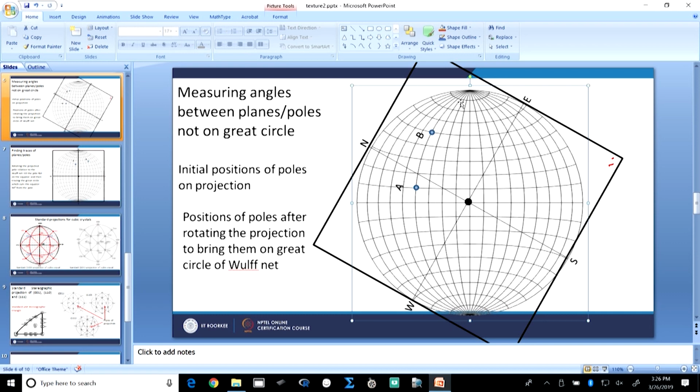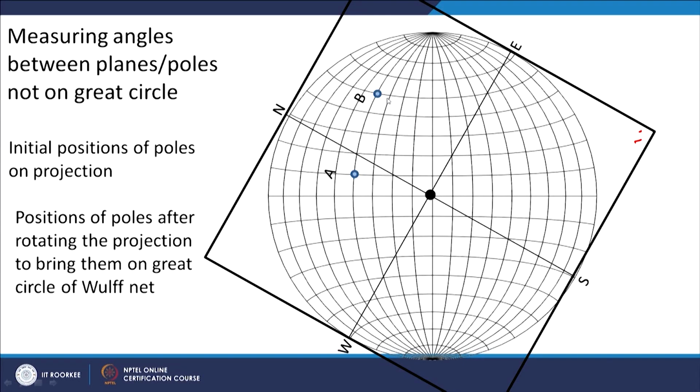So, I will go to the slide show again here. You can see this is the particular great circle I have chosen. While rotating, I saw that these two poles are falling on this particular great circle. So, now I can directly measure the angle between the two.